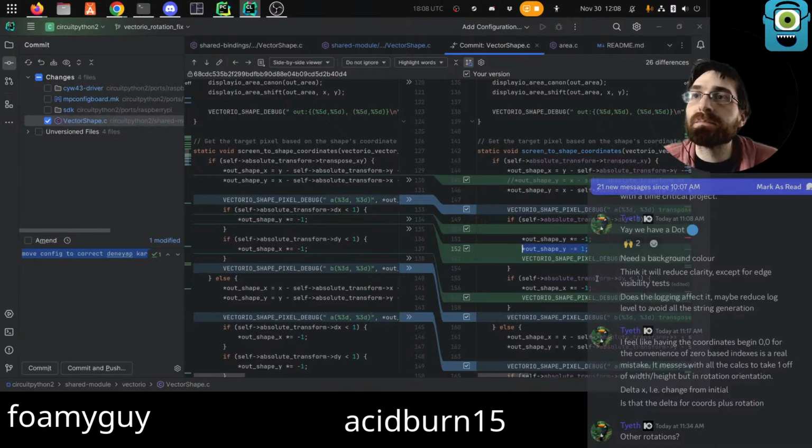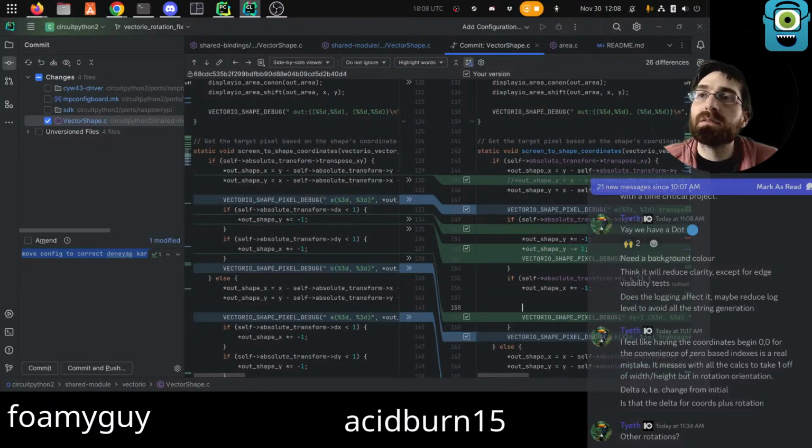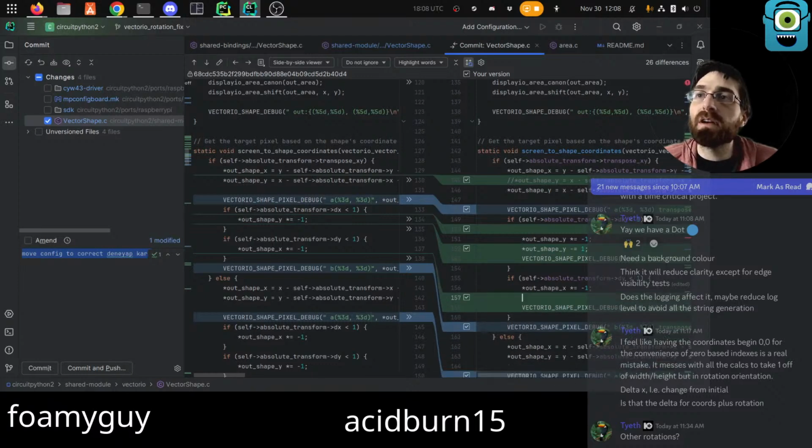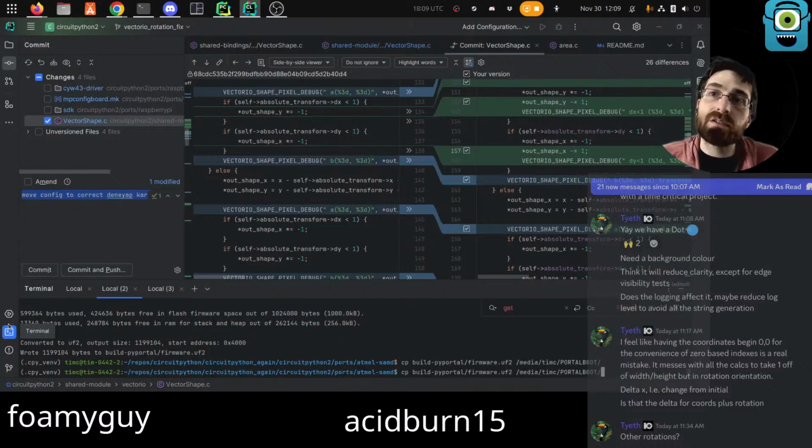There it is. Totally forgot that we actually... So I scrolled down and saw this commented one. I forgot we actually moved this to inside of the if statement here, which makes sense because that's ultimately how it was up there. Okay. Fingers crossed.